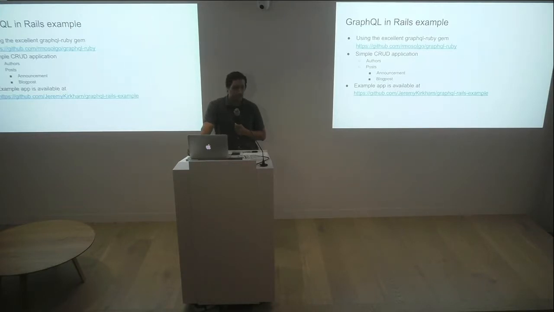An author can have many posts, and a post belongs to an author. That's pretty straightforward. And then post was subclassed for 2 types, an announcement and a blog post, just to show you that sort of interface type. I've got this app available on GitHub. Again, the link's in the presentation, so you can check it out later if you want.